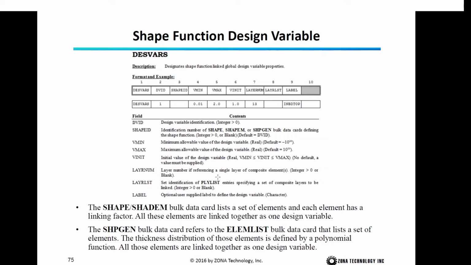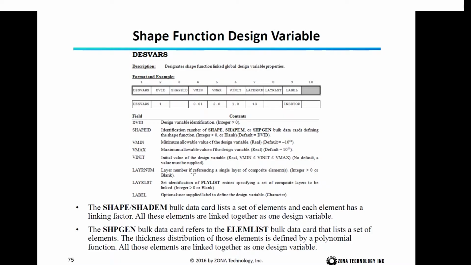And for DESVAS, you give an ID, and it refers to the ID of the SHAPE card. We don't use SHAPEM or SHAPEG cards anymore; we only use SHAPE. Again, VMIN and VMAX are the minimum and maximum allowable values. VINIT is the initial value of the design variable.